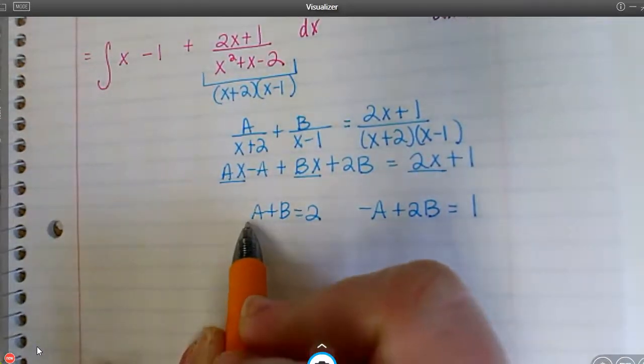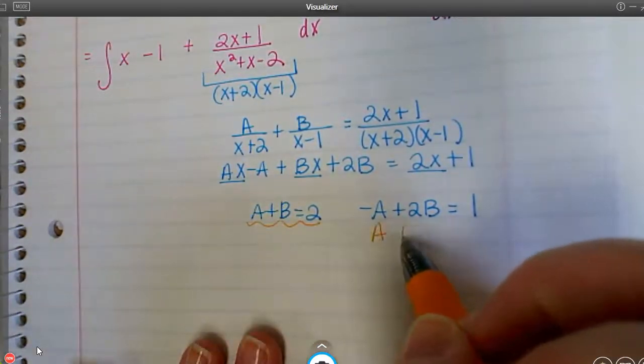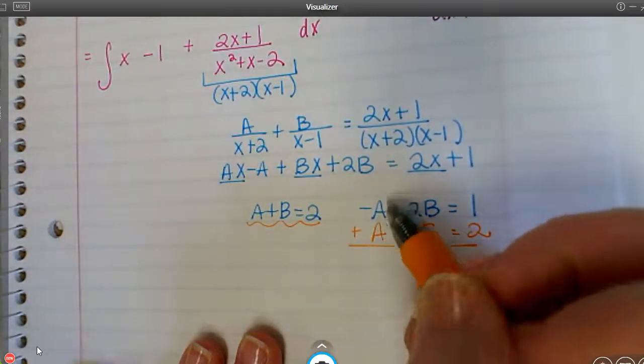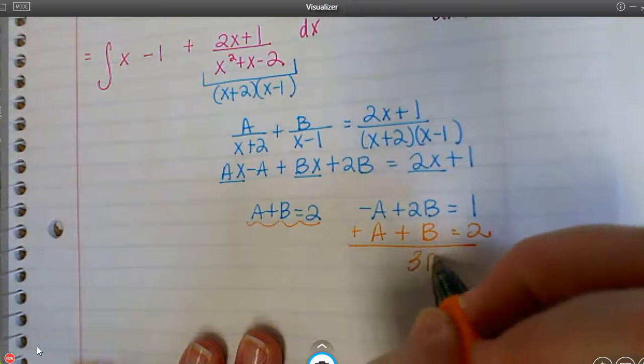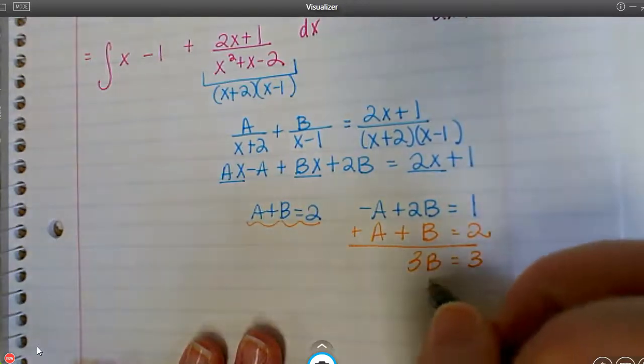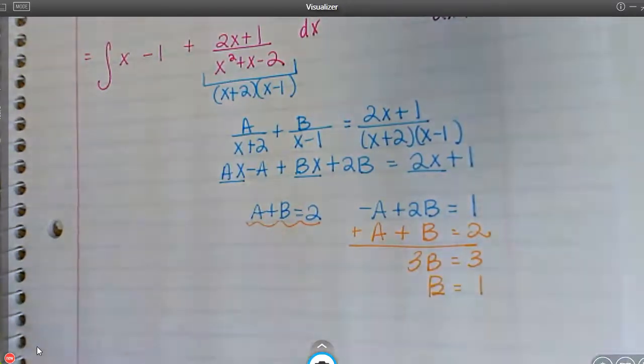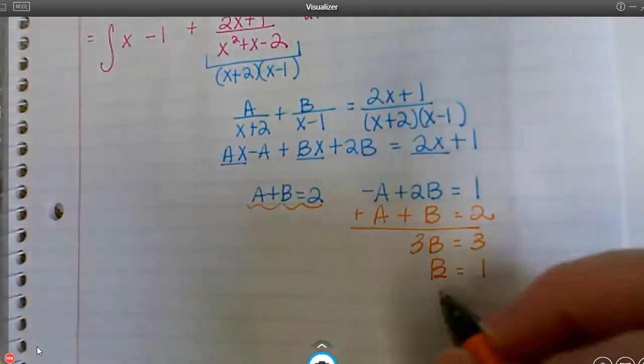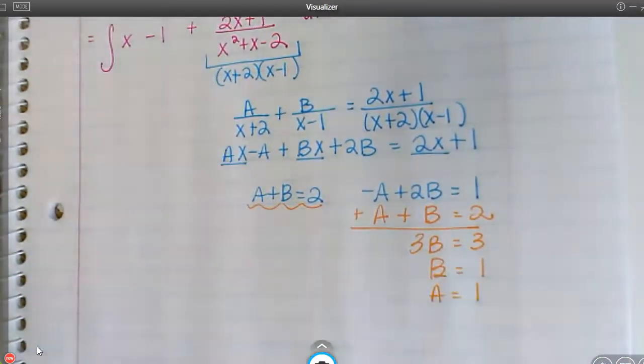What I would do is probably put this one underneath here. And with elimination, I can go ahead and add because that will cancel out. I get 3B equals 3, which means B is 1. And you can plug that 1 back into either equation, and you'll find out that A is also 1.